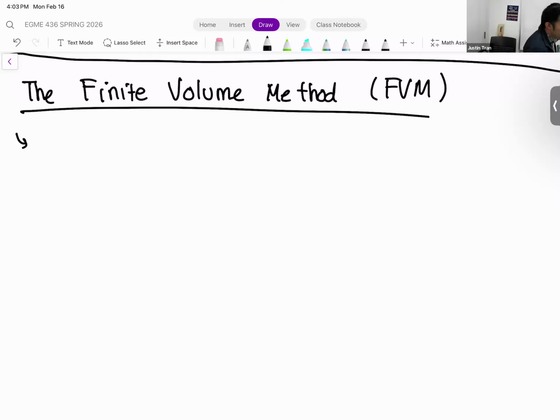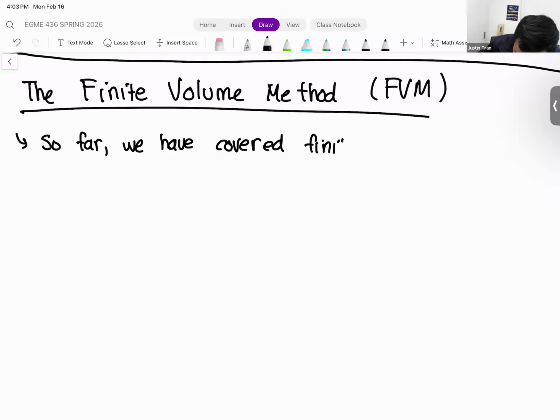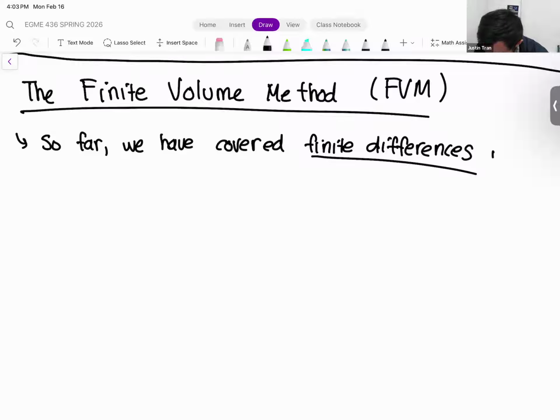So far we've been covering what's called the finite difference method. Essentially, the way finite differences worked is that finite differences is a direct discretization of the derivatives in a differential equation.